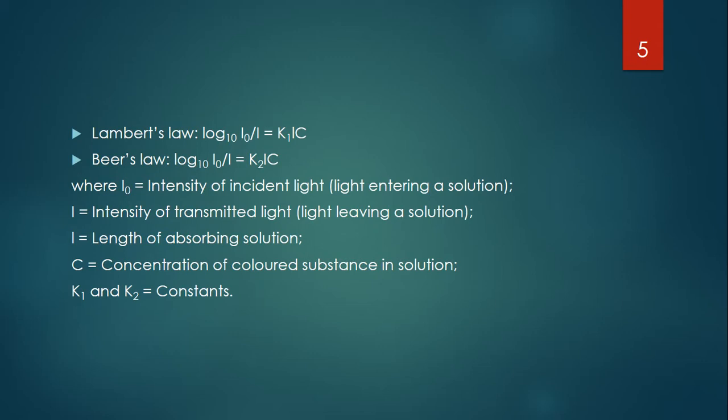So obviously I will be less as compared to I0 because our colored solution is going to absorb the incident light. So the intensity of transmitted light will get decreased. L is the length of absorbing solution. C is the concentration of colored substance in the solution. And K1 and K2 are constants.